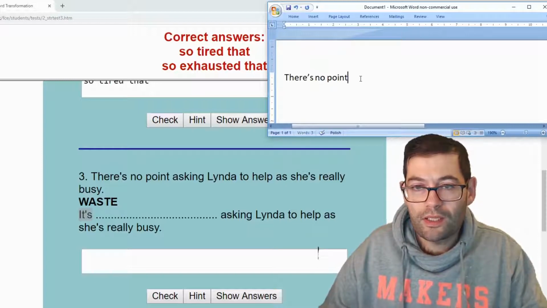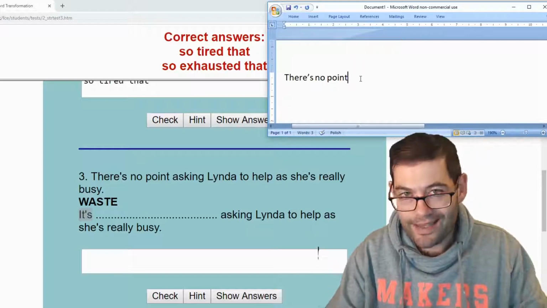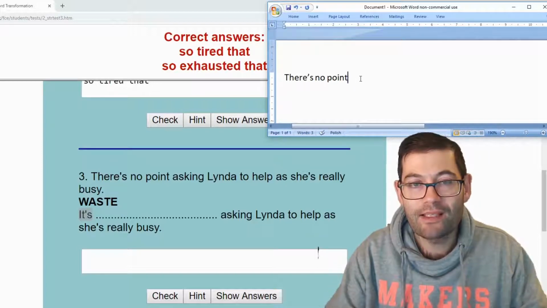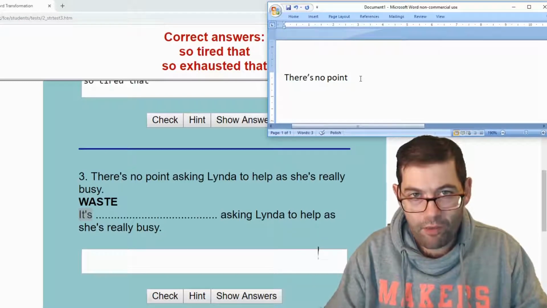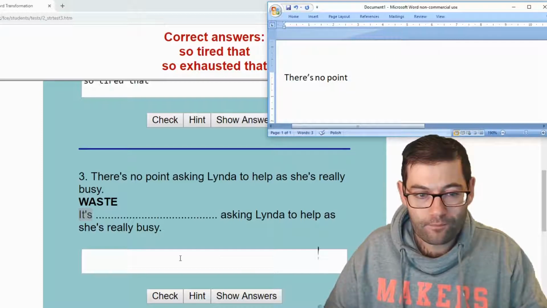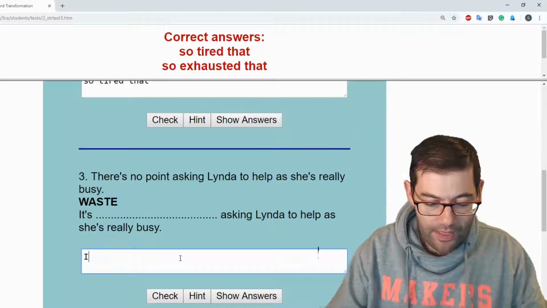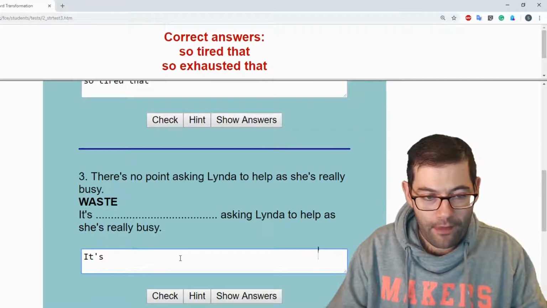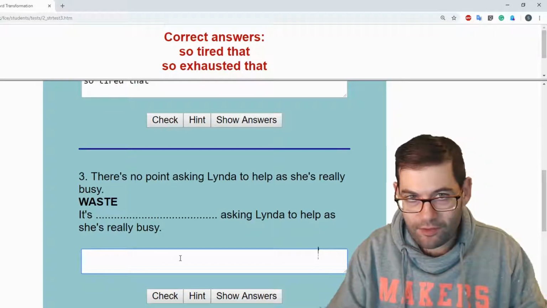So we've got to think of language in this gap, which means the same as "there's no point". So what we're after here is an idiom of some kind. And that idiom is this. It's... I won't put that in there because it will give me a wrong answer.